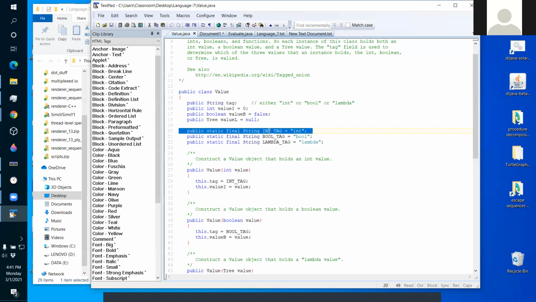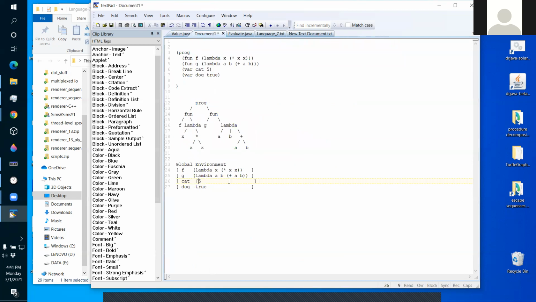Well, the tag is int tag, bool tag, lambda tag. Okay, so this guy would actually be int tag 5. This one would actually be bool tag true.